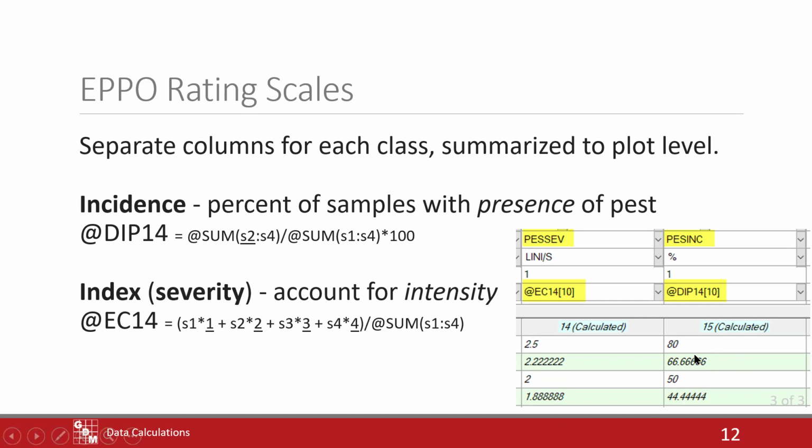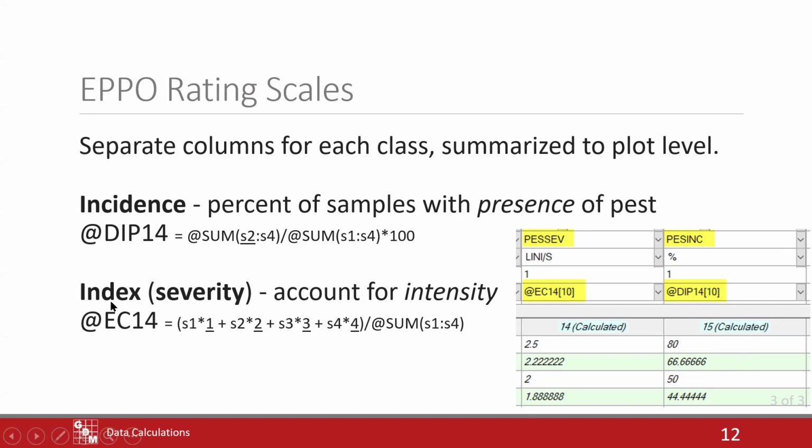So it will give us the percent of the subsamples that had pest present. So kind of handy knowing that ARM can calculate that for you. You don't need to keep track of that when you're taking the data, instead of trying to keep tabs on that while you're taking the data.